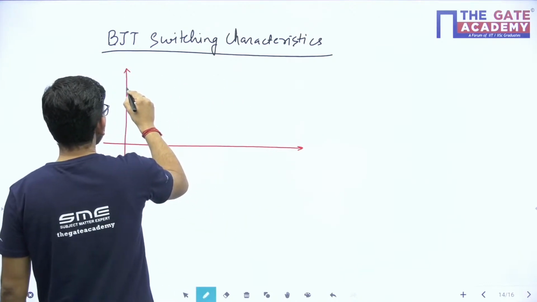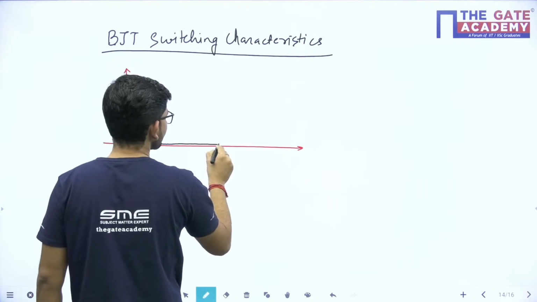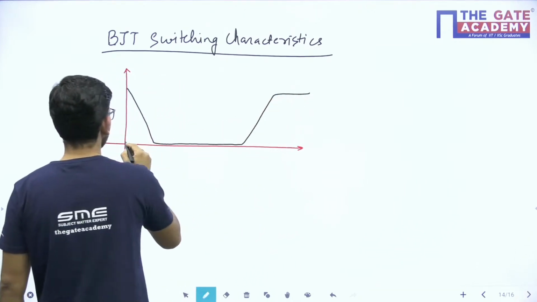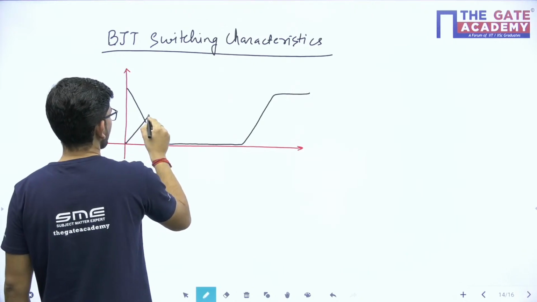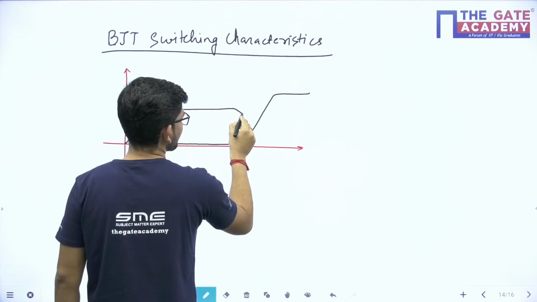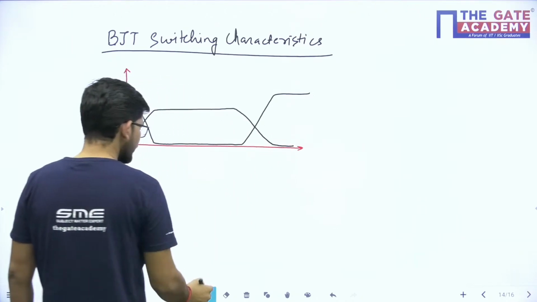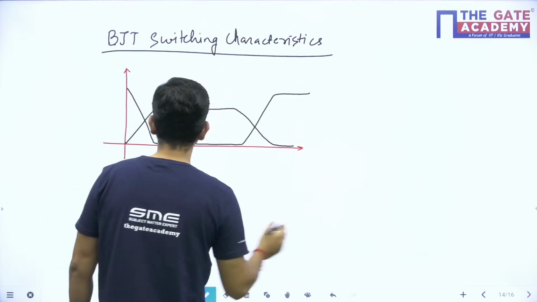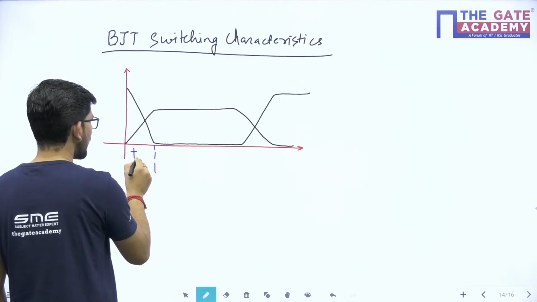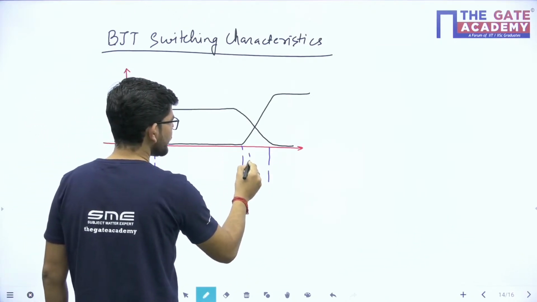So suppose we have a characteristic like this. This is known as the on time, T on, and this is known as the off time, T off.